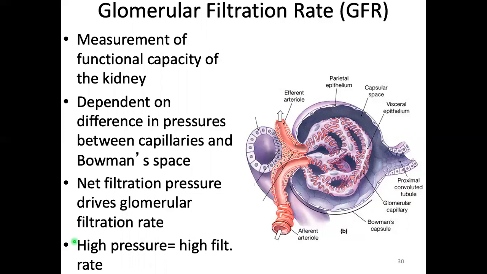So if blood pressure is high, if you look at the picture, here's your afferent arteriole, here's your glomerulus, here's your efferent arteriole, right? So if blood pressure is high, you're going to be forcing fluid through or forcing filtration to occur really fast, right? And so high pressure, you get a lot of filtration. So high hydrostatic pressure or high MAP, you get a lot of glomerular filtration.